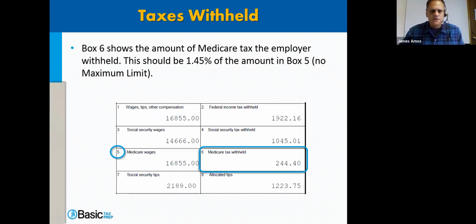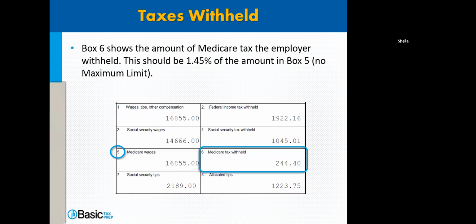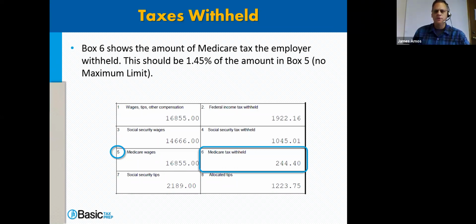The Medicare wages are $16,855 times 1.45% gives us what? And I know you can see it on the screen, but actually do it on your calculator. It helps to remember. 244.397, which of course would round to 244.40, which is how the employer would report that.